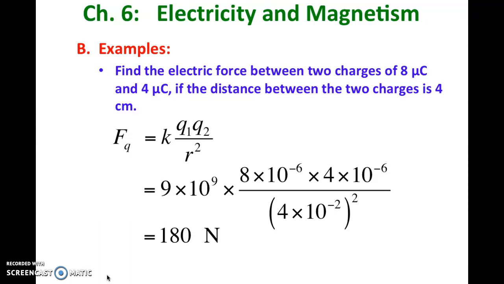Here we have changed microcoulomb to 10 to the negative 6 coulomb and centimeter to 10 to the negative 2 meter. The result for the electric force is then obtained as 180 Newton.